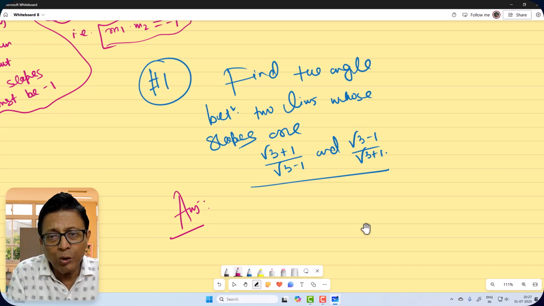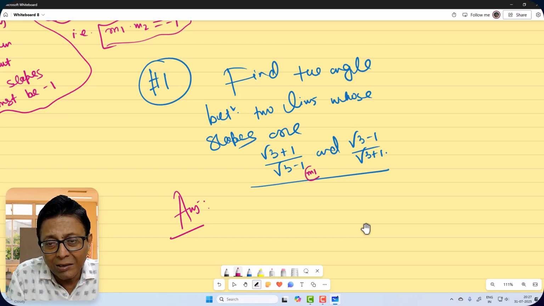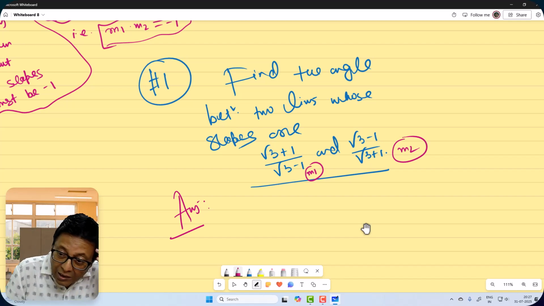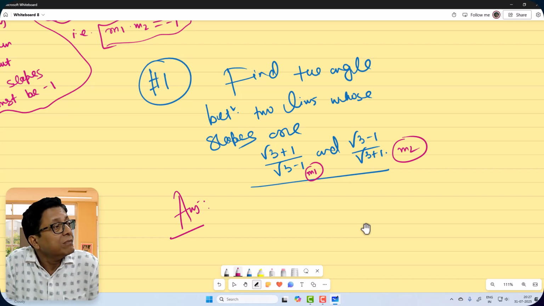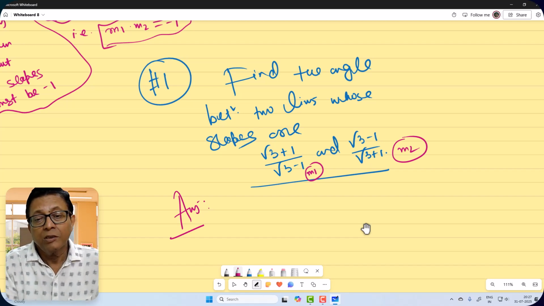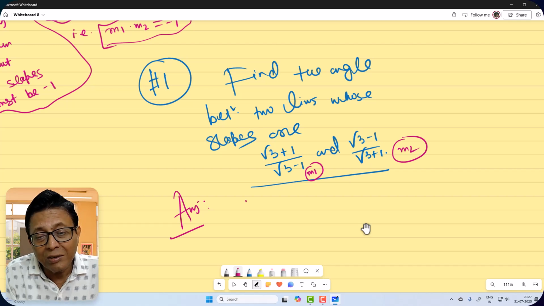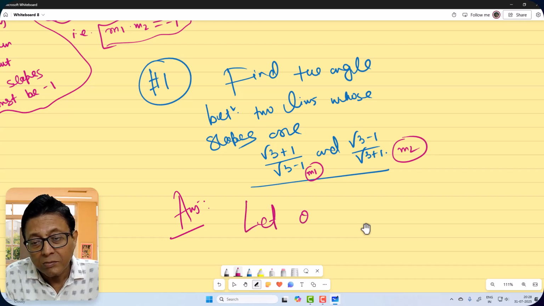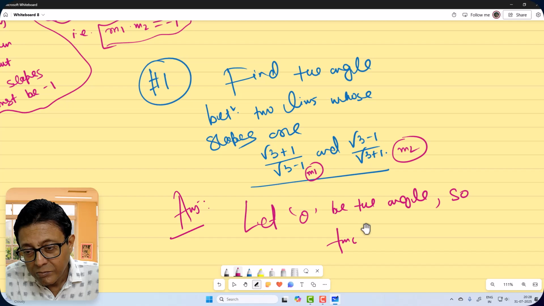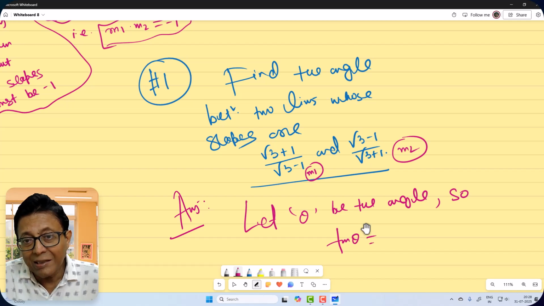Okay, this is M1 you say, and this one M2. You have to find tan theta, and from there we can get theta. So here tan theta is going to be what? Let theta be the angle. So tan theta is, which one is larger?